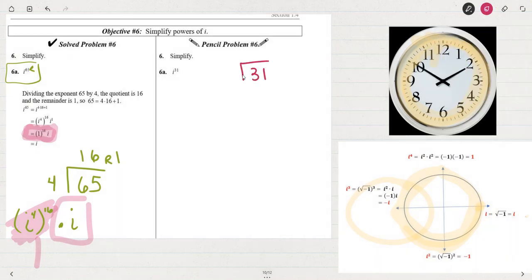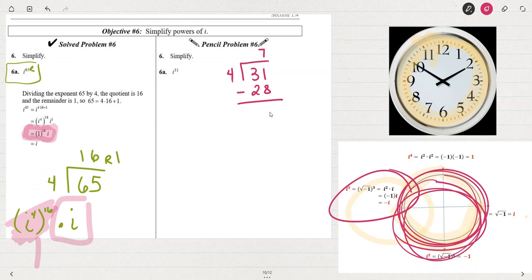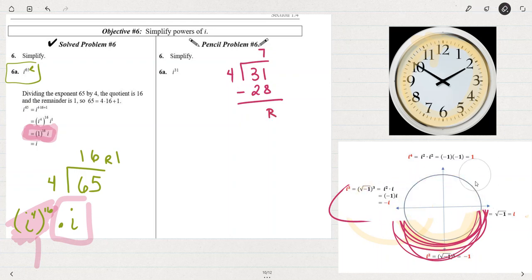with division. How many times would I go around? Well, that's going to be 7. And it doesn't even matter that it's 7 times, right? It didn't matter how many times I went around and around. All that mattered was, where did I land? The remainder is 3. So what does that tell me?